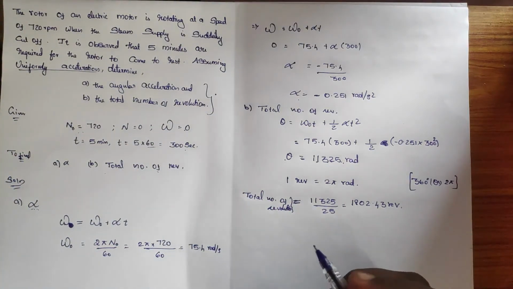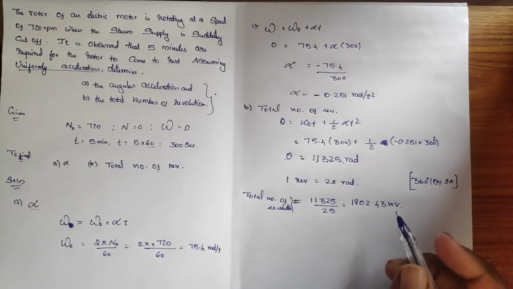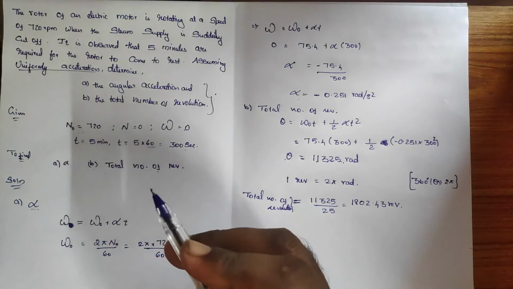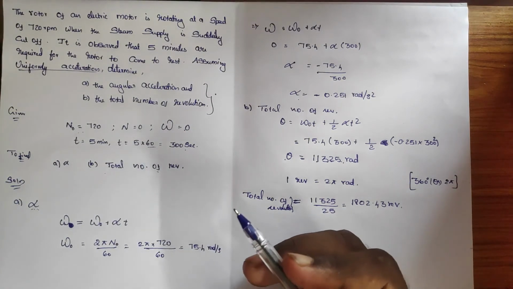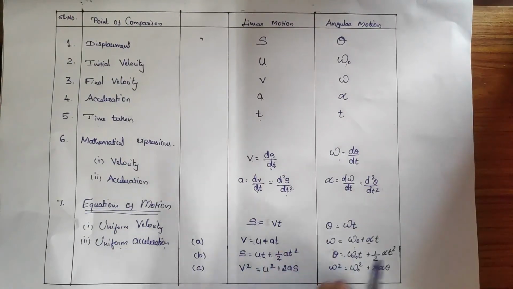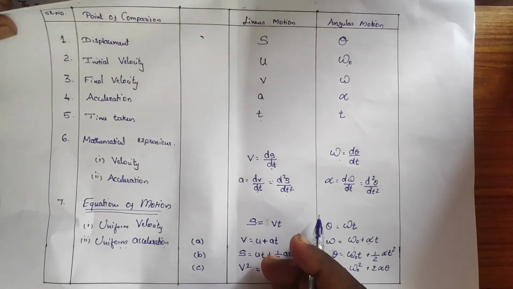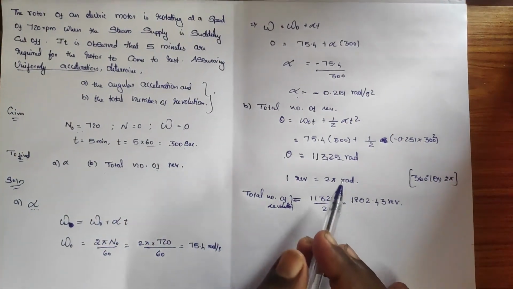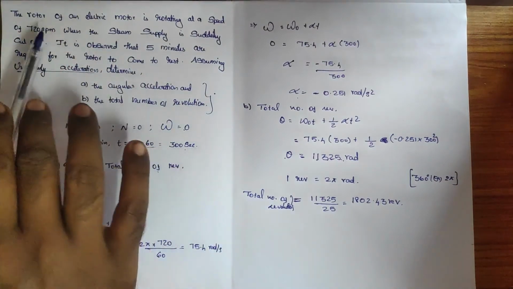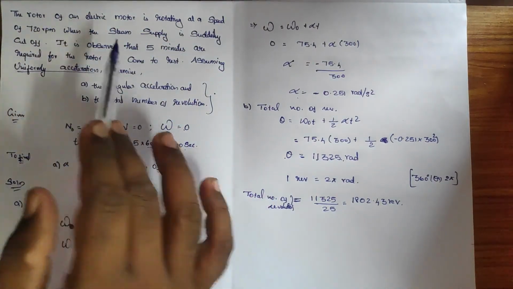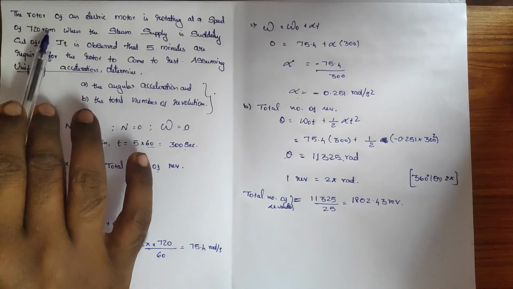I hope you understood how to calculate when you have such questions. It is easy: just directly substitute into the formula in a logical manner. Identifying which value is the initial and which is the final plays a slightly difficult role, but it is easy. Here the motor is rotating at a speed of 720 rpm, which is given, so initially it is at 720 rpm.